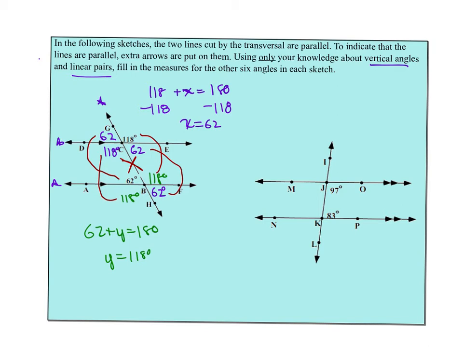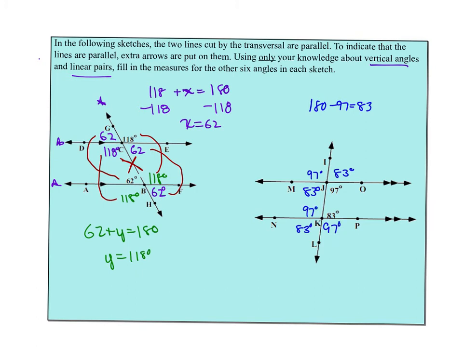So if we consider here, just doing vertical angle stuff, that's 97, that's 83. Then if we do linear pair work, 180 minus 97 is going to equal 83, here and here. And down here, that's going to be 97 and 97.